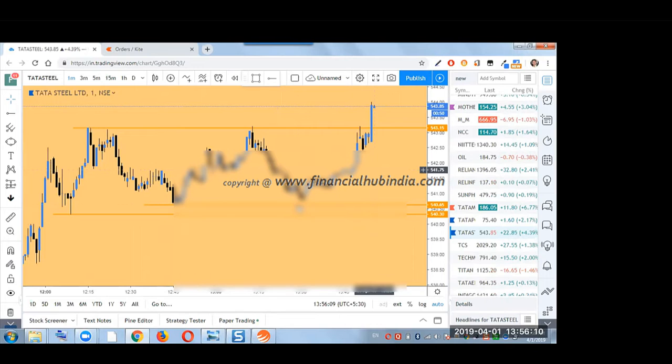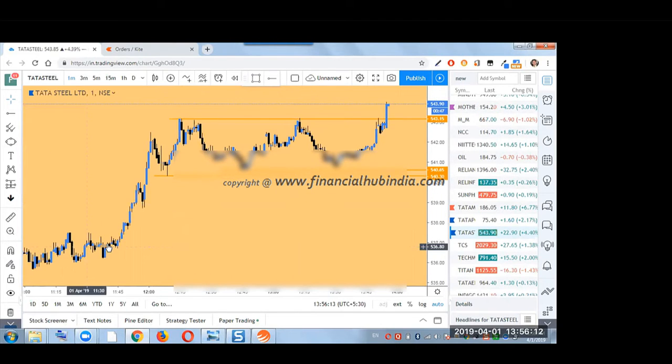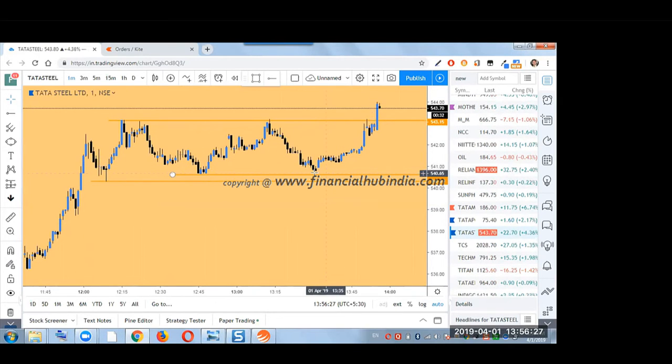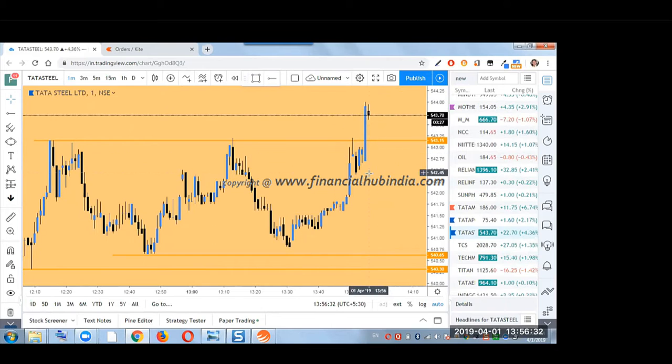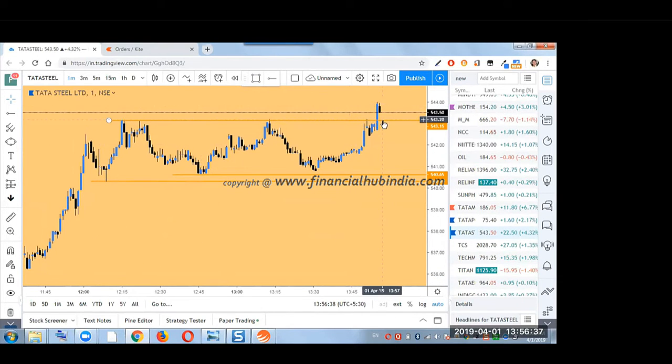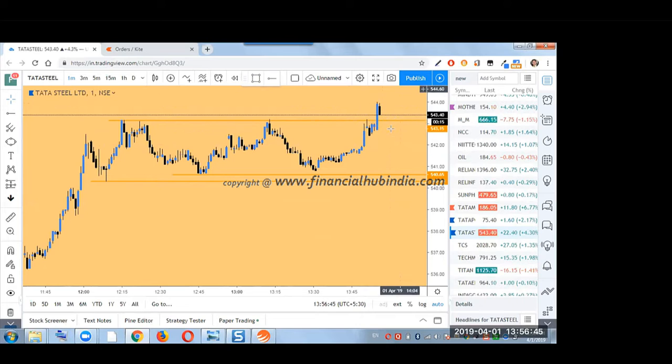As I was expecting a breakout of this, this is a momentum. We've been heading towards the upside, and then this was the consolidation, and it hit that support, so actually I'm in this trade. So 543. Now what can happen is that we can test this support layer, and then there is a chance that we can go back over here. That's a resistance breakout, pullback, and continuation trade setup, if that happens.